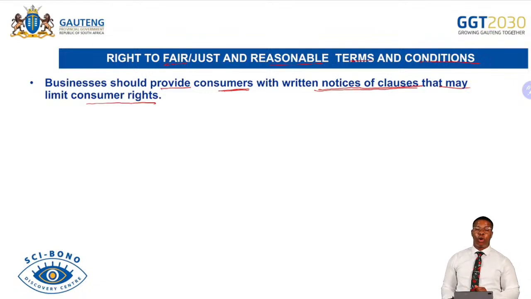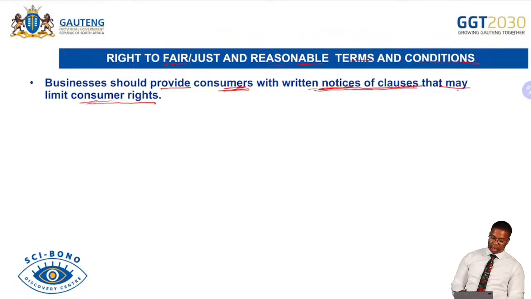So you have a choice before you buy to say, do you buy the product or not? Because you are buying the product knowing very well that you will not be allowed as a consumer to return the product. Therefore, it becomes a fair deal if the business does what? Provides the consumers with the written notices of clauses that may limit those consumer rights.